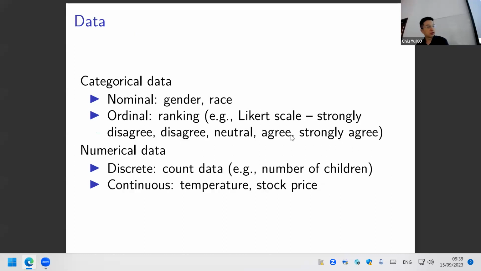Okay, so just to quickly remind you that what we have been working on so far is focusing on numerical data, in particular continuous, otherwise it's not well defined to add things and divide things, right? And of course, discrete can also do it, but there's a certain type of restriction, right? When you divide things, it's unclear. Say suppose the number of children of a family is 2.3, it's unclear what it means, right?